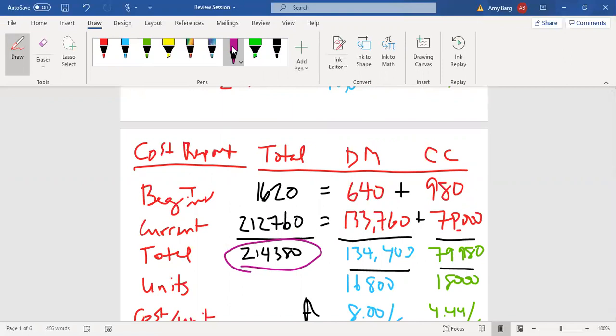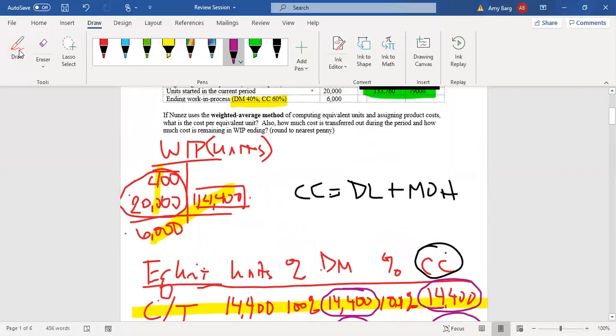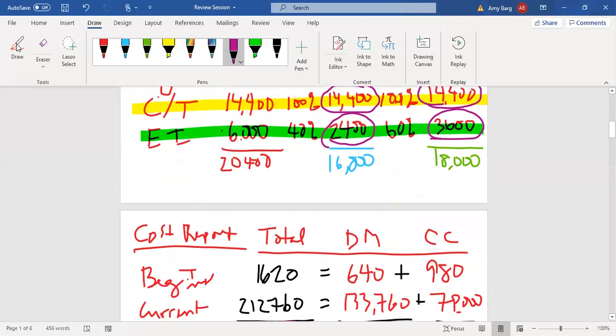Due to rounding with the 4.44, it's actually 4.4433333. So due to rounding, you're a little bit off, but when you're doing the problem, you should go back and check, because like I was trying to point out up here, these two numbers here have to equal these two numbers here. So that should be a check. In this case, unfortunately, it's not a great check, but normally, in most of the other problems that we've done, it's been a fairly good check.